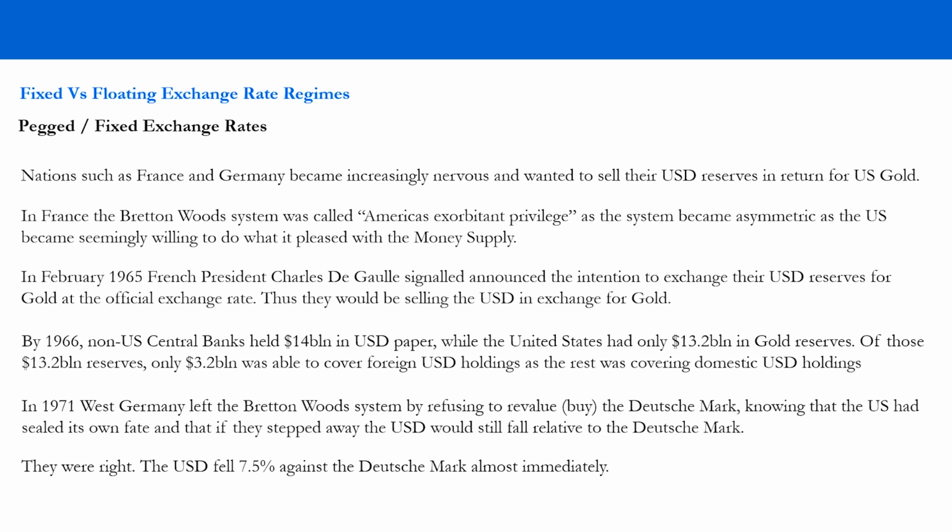Nations such as France and Germany became really nervous and wanted to sell their US dollar reserves in return for US gold. France themselves called the Bretton Woods system in the 60s America's exorbitant privilege, as the system became asymmetric because the US seemed willing to do whatever it pleased with the money supply, just printing more and more money.